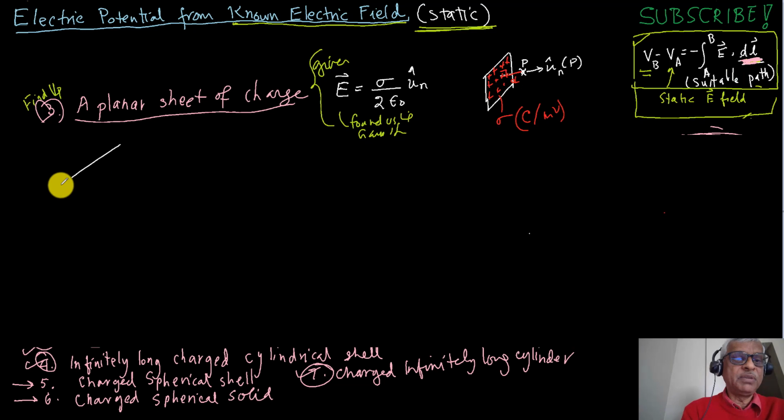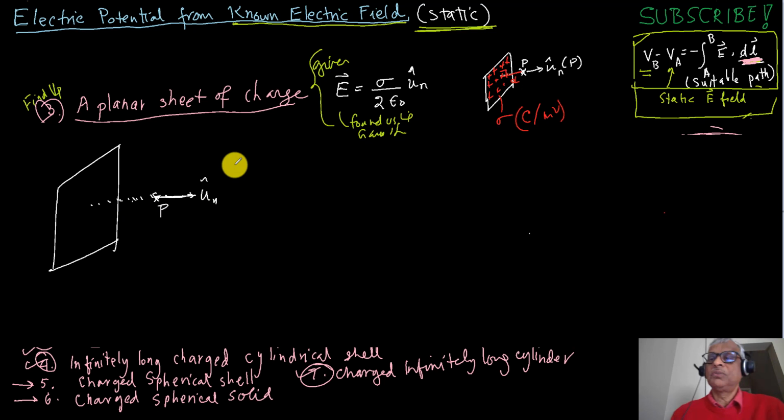So let's draw a little bigger picture for ourselves. We're looking at this point, and this is the unit vector in the normal direction. So this is the point P, and we're going to pick a point A. A will become a reference.